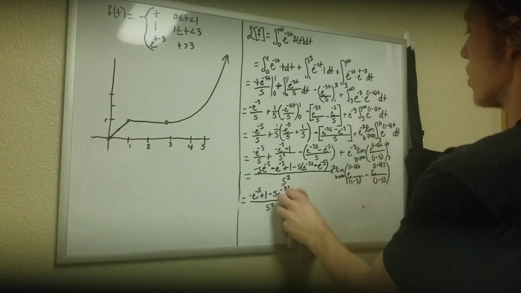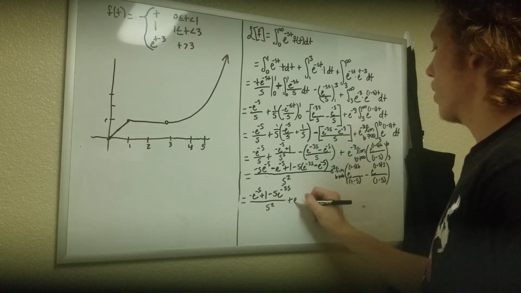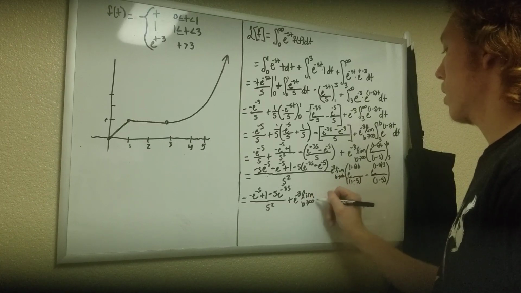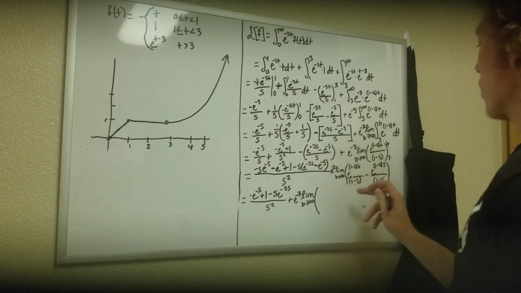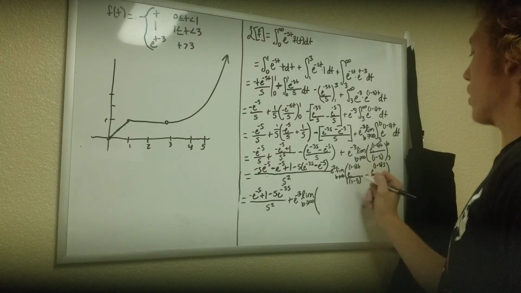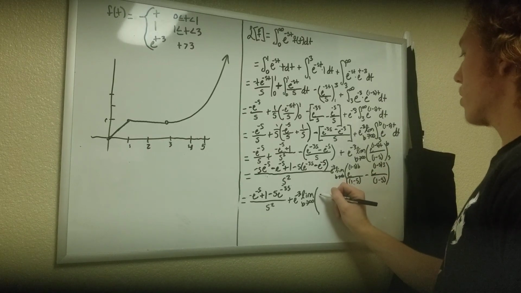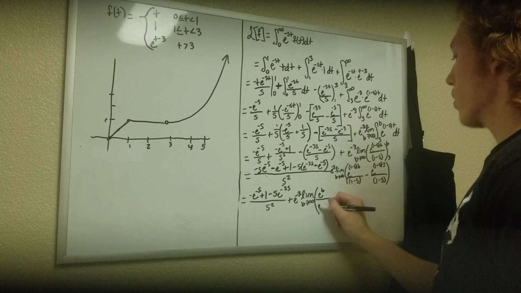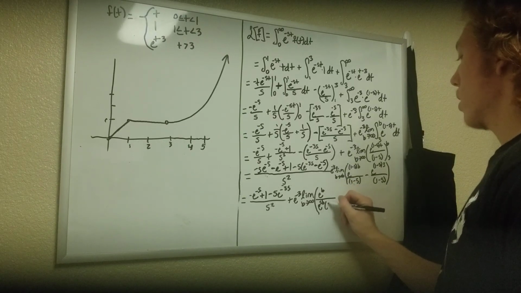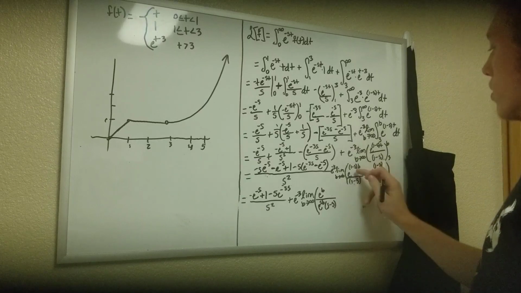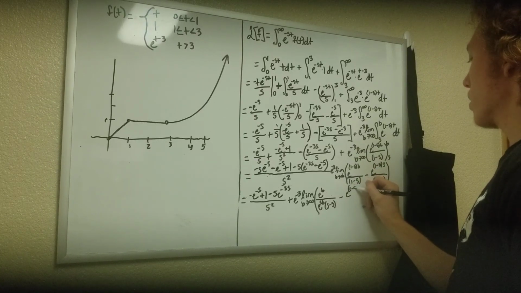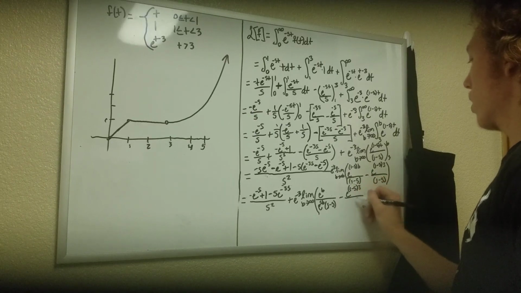So I want to point something out. Negative 3, obviously, the limit's necessary. If we keep these separate, what we end up with is e to the b over e to the sb 1 minus s, because of this exponent right here, minus e to the 1 minus s times 3 over 1 minus s.